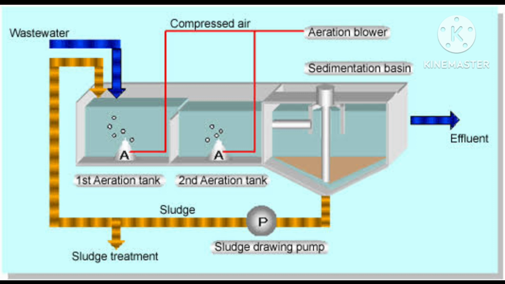Potash alum produces aluminum hydroxide, and ferrous sulfate produces ferrous hydroxide, with water.